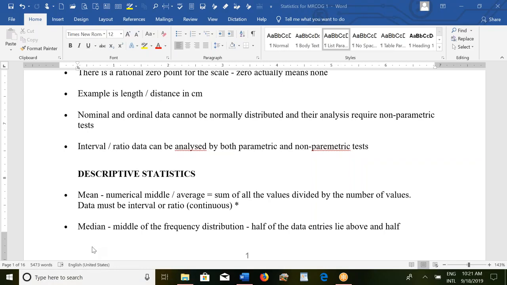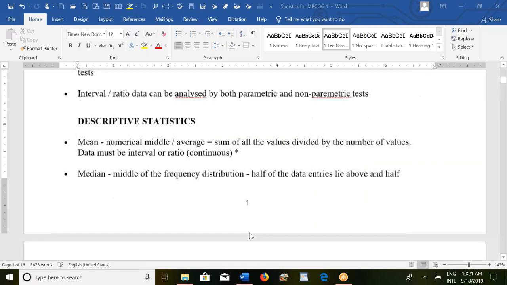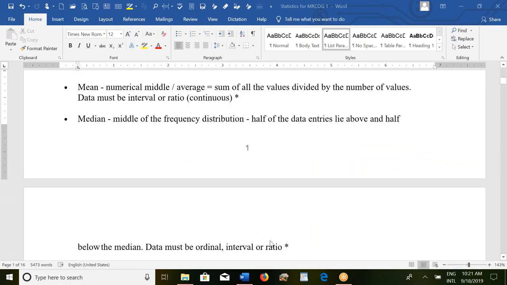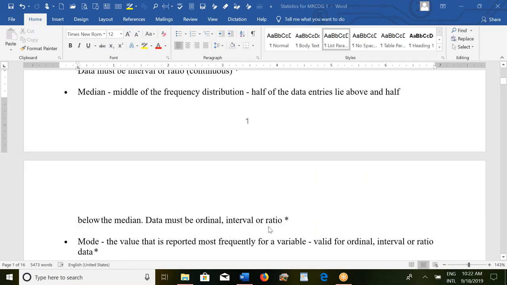Then another value is called median. It means the middle of the frequency distribution. Okay, so half of the entries will lie above, and half of the entries will lie below that data, and for this the data must be ordinal, interval or ratio.